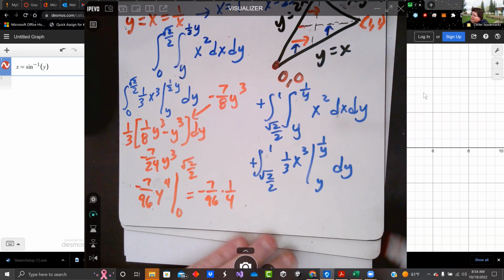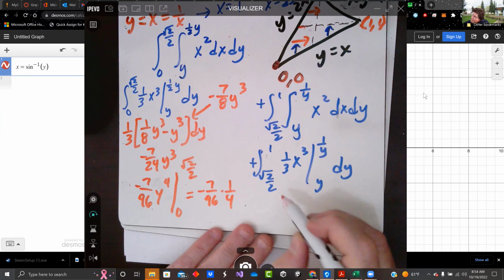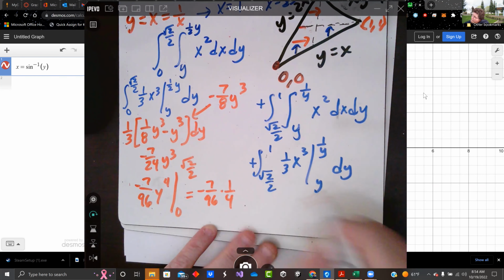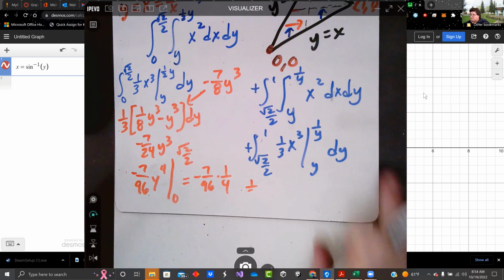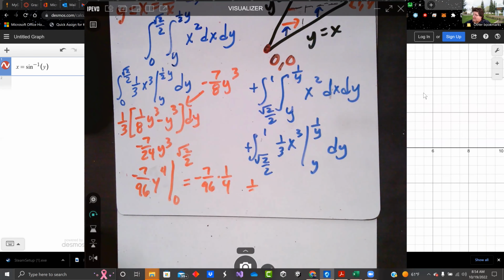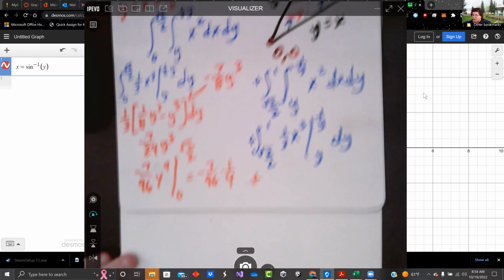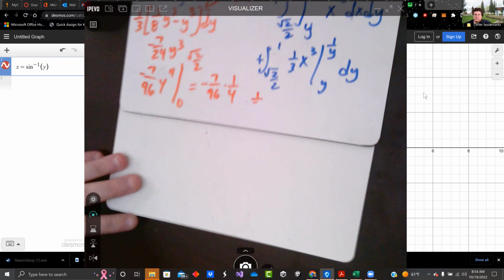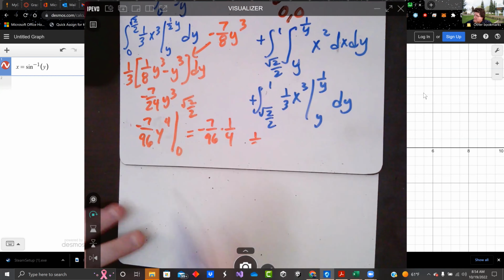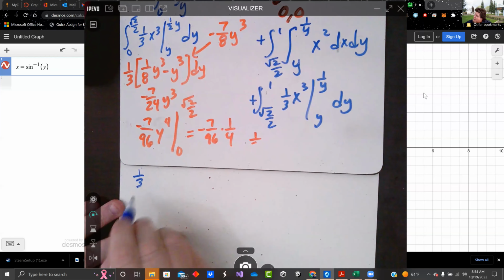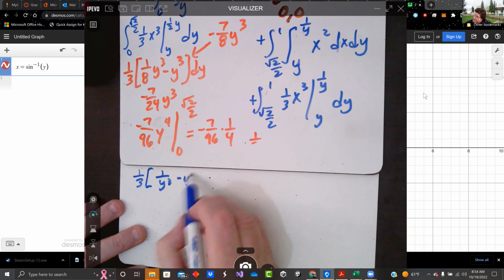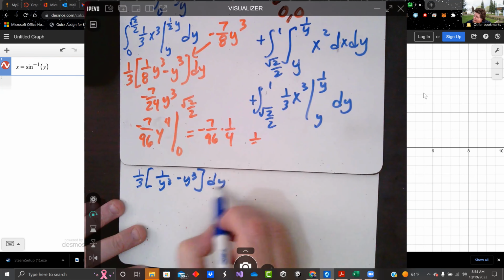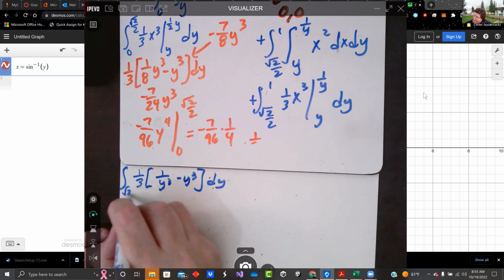All right, so this one gets crappy. We've got 1/3. I've got 1 over y cubed minus y cubed dy, and the integral is root 2 over 2 to 1.